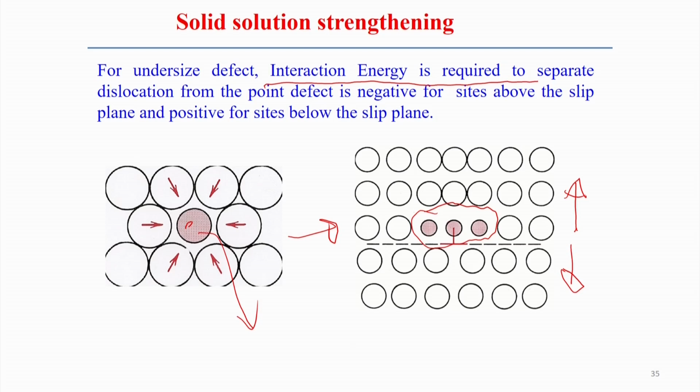The interaction energy can be represented accordingly, whether it is positive or negative. So these are the typical interactions for the undersize defect and oversize defect, and with this interaction we can decide, in case of dislocation, at which point above or below the dislocation plane the solute atoms will try to take position.